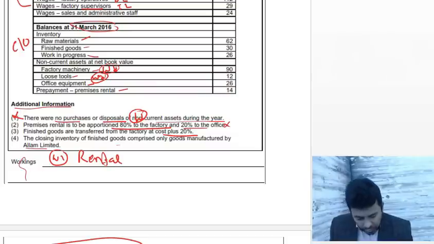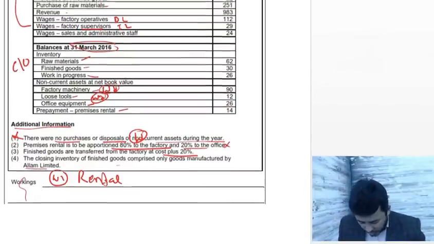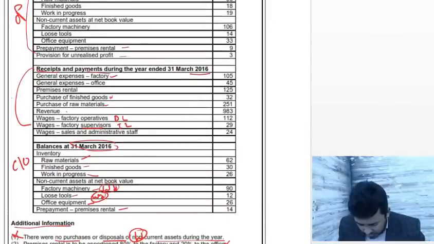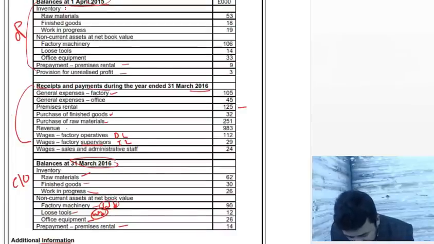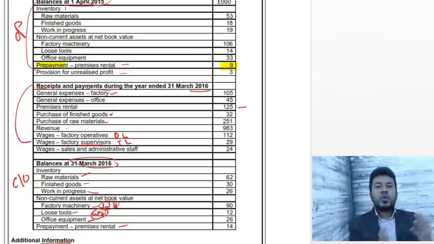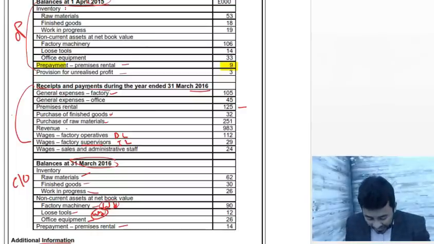Rental. Okay, so let's go to the top. How much rental? Premises rental 125, that's all right. And if you can see prepayment, the opening prepayment. Let me take the highlighter. There we go, prepayment. And it's 9, opening prepayment. Prepayment normally we deduct. If it is opening, we're going to add it.